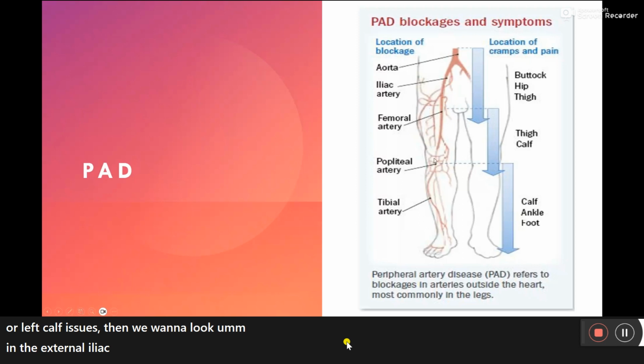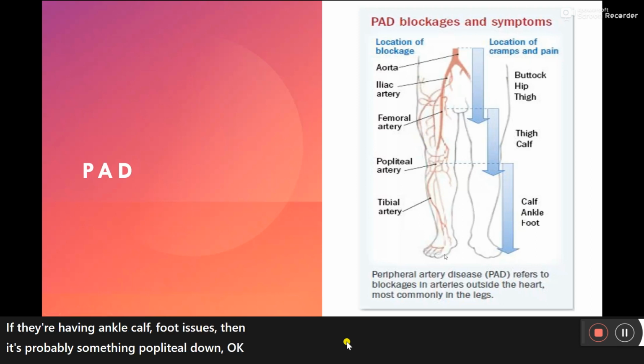And then behind the knee, you have the popliteal artery, and we start getting to your lower extremities, okay, your lower leg arteries. But if they're having thigh pain, calf pain, then it's probably coming from the femoral or the superficial femoral artery. If they're having ankle, calf, foot issues, then it's probably something popliteal down, okay?